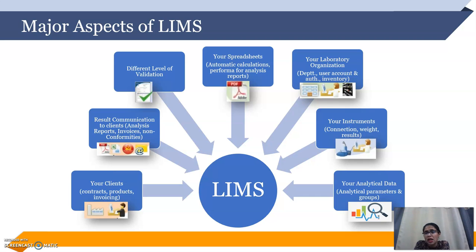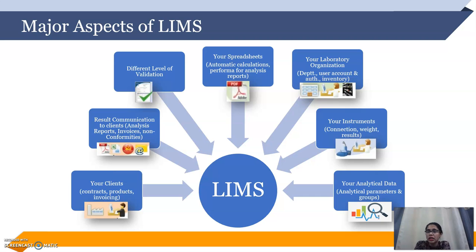And then the results which are obtained, if they are to be communicated to the clients, it could be the analysis reports, it could be the invoices, or it could also be a non-conformance, if it happens during the analysis, which can be reported to the client. Now here it comes with a clause: since whatever data we are generating is highly confidential and restricted, its access is available only to a limited number of users, those allowed under strict restrictions.